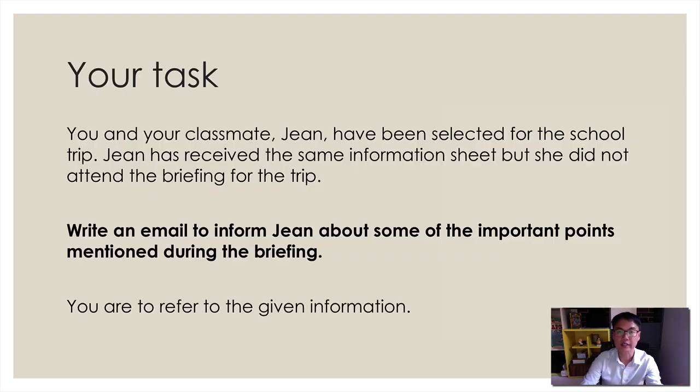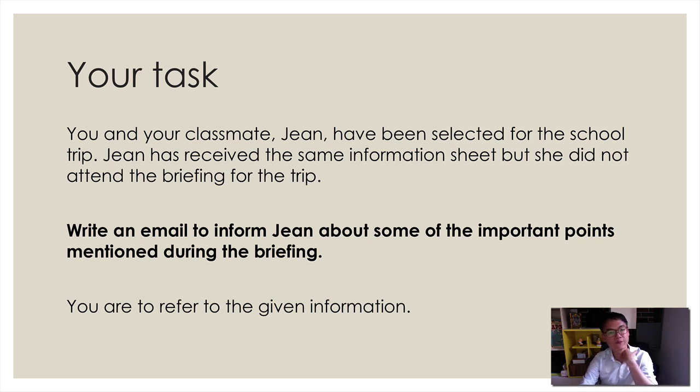So let's take a look at an example. This example of a situational writing task contains the question. Now we can find all 3 of these points in the question: the purpose, the audience, and the context. Now, take a look at the question. Write an email to inform Jean about some of the important points mentioned during the briefing.